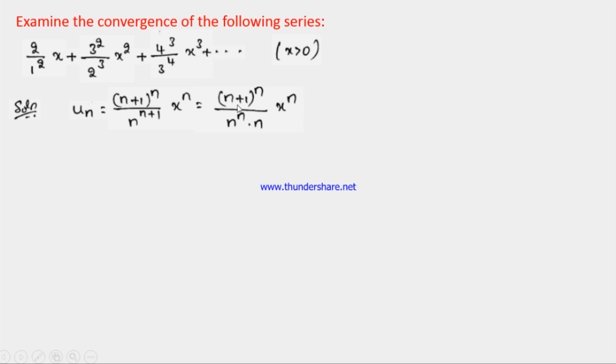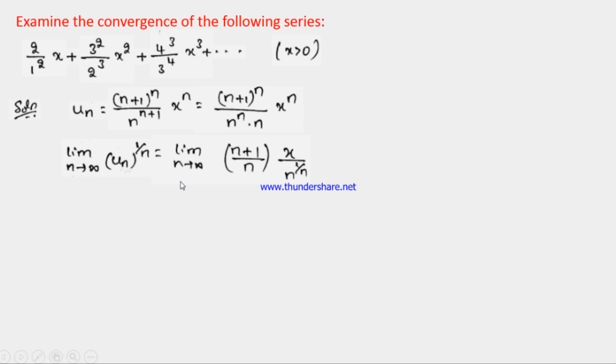So we can consider limit n tends to infinity u_n power 1 by n. With that, this is what we get: (n plus 1) divided by n, power n divided by n cancels, x power n by n cancels to give just x, and we get n power 1 by n.